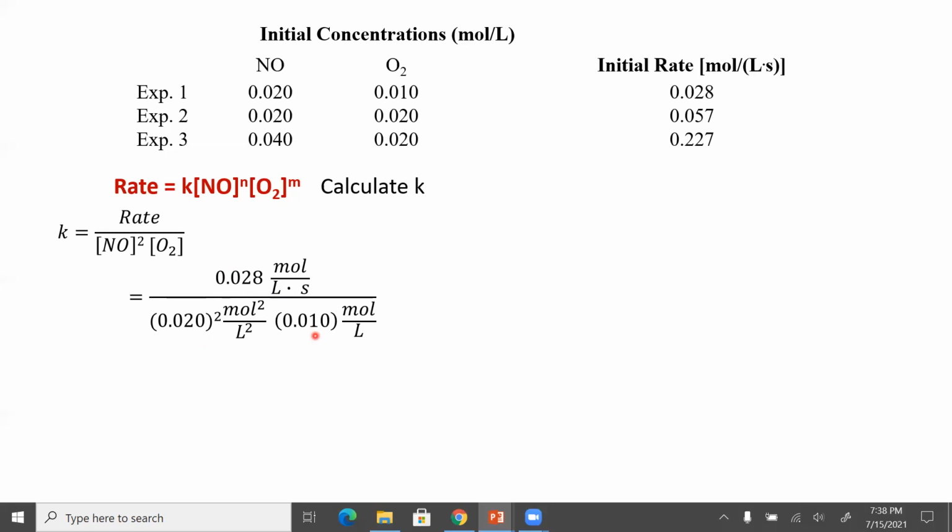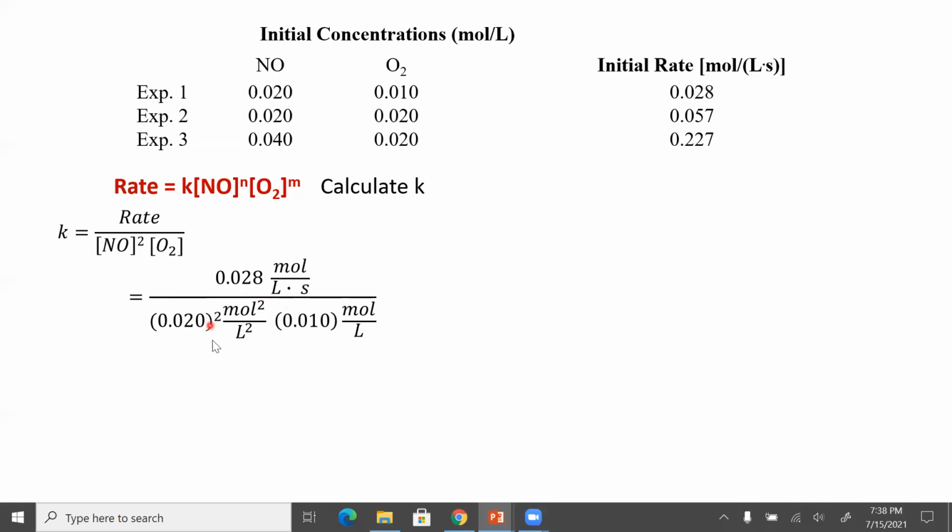Now, unit-wise, I've got fractions in my denominator. To get fractions out of the denominator, I would take the reciprocal in the numerator. So if I were to take moles per liter here out of the denominator and flip it up here, it would be liters per mole. Moles cancel out, liters cancel out, and I'm left with 1/seconds.